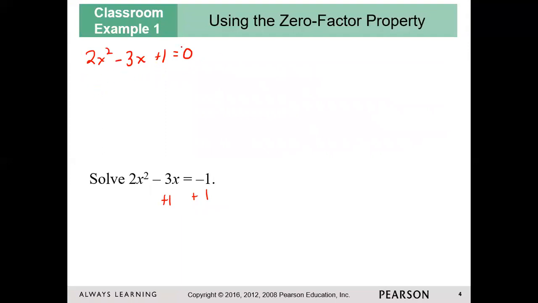So if you factor this using the product-sum method, you'll see that the product has to be 2 and the sum needs to be -3. And the only way that happens is if both of these factors are negative, because a negative times a negative is a positive, and a negative plus a negative will still be a negative.